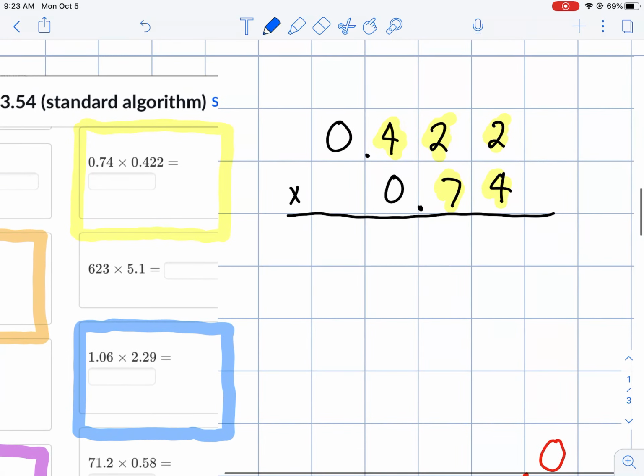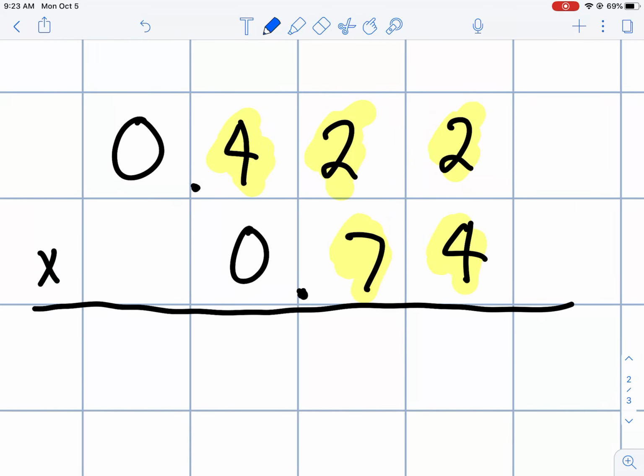Okay, so a lot of multiplication. I'm going to try to hold my breath and get it all done. Okay.